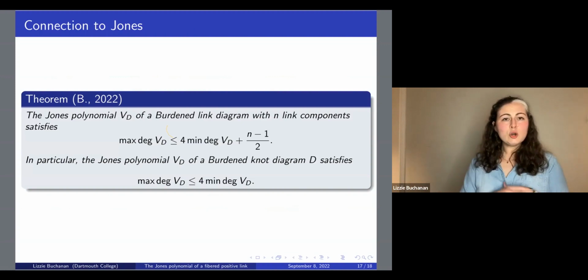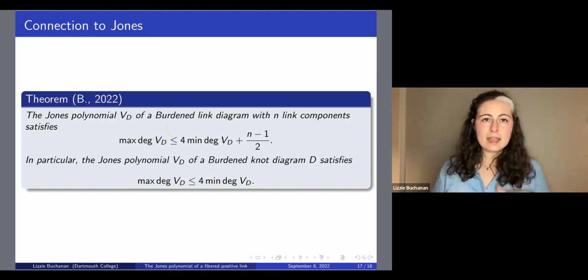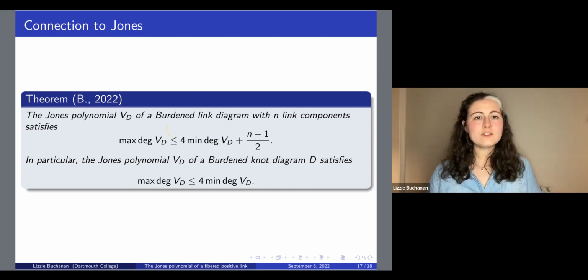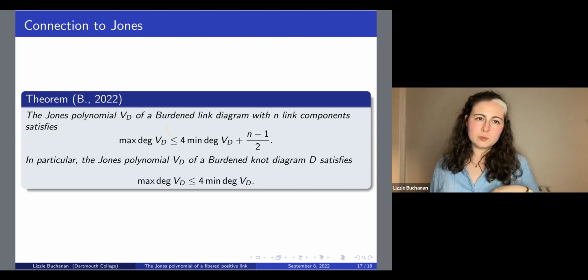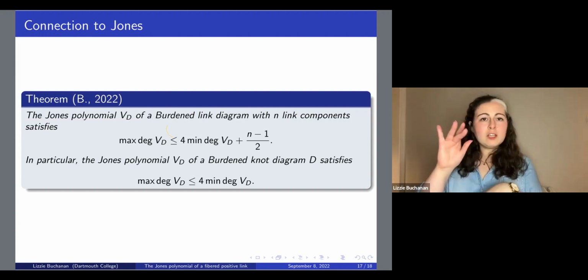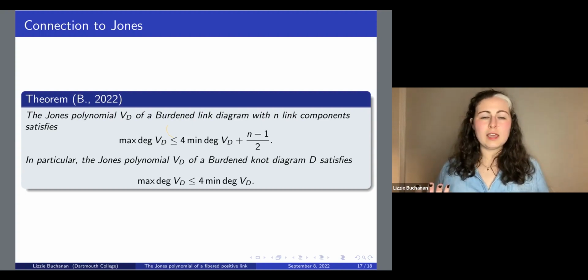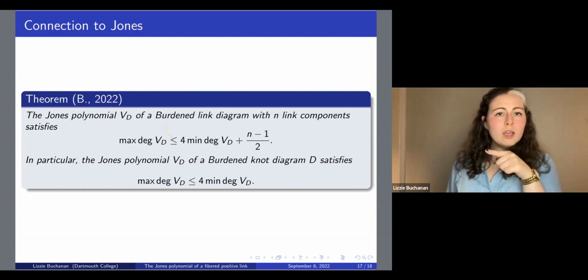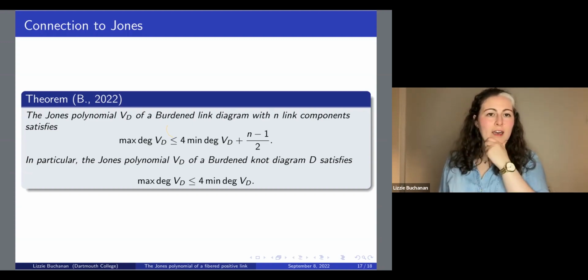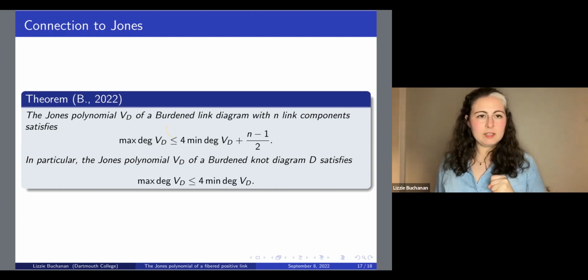Well, we can plug this into known results about the Jones polynomial, and then we can end up with the Jones polynomial of a burdened link diagram with n link components must satisfy that the maximum degree of the Jones polynomial has to be less than or equal to 4 times the minimum degree of the Jones polynomial plus number of link components plus 1/2. And so in particular, if we were dealing with a burdened knot diagram, then that n minus 1 just turns into 0. And so we have a neater, cleaner statement there.